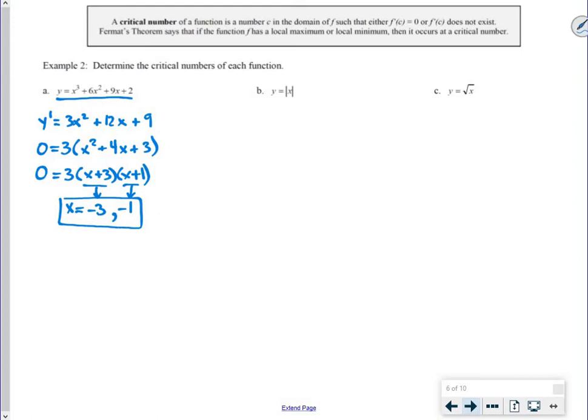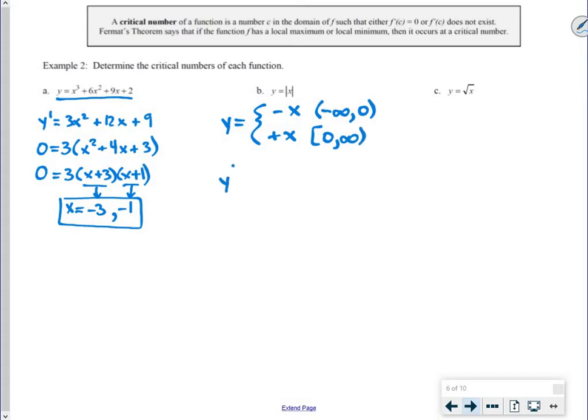Next one, y equals the absolute value of x. It's looking like -x from -infinity to 0, and it looks like positive x from 0 to infinity.